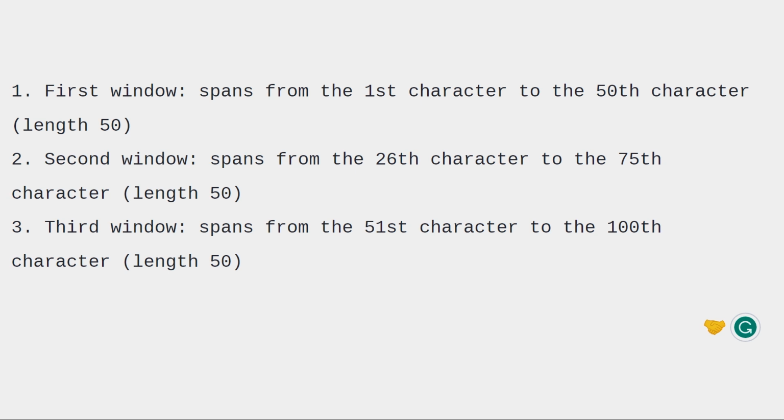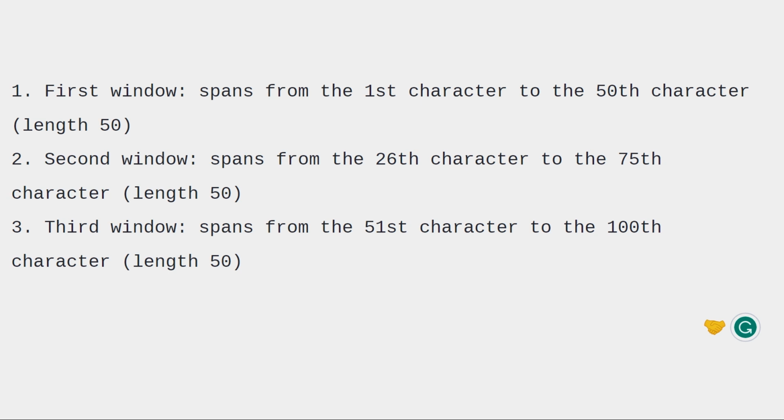The second window spans from the 26th character to the 75th character, which is again length 50. The third window spans from the 51st character to the 100th character, which is length 50 again. In this case, there would be a total of 3 windows of length 50 each with an overlap of 25 characters, which is what our stride parameter means between those adjacent windows.